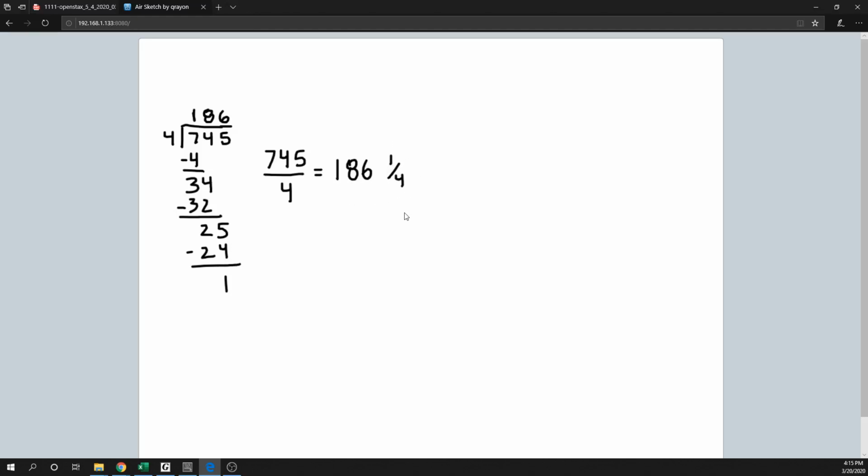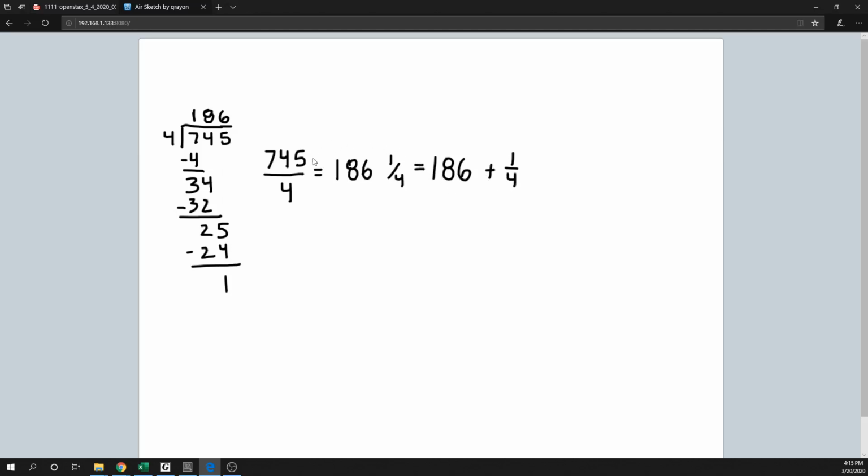There is one catch though. Remember, we're going to be doing these with algebraic objects, and with algebraic objects you can't write it exactly like this. When you write a mixed number in this way, there is actually a hidden plus in there. What that really stands for is 186 plus a fourth.